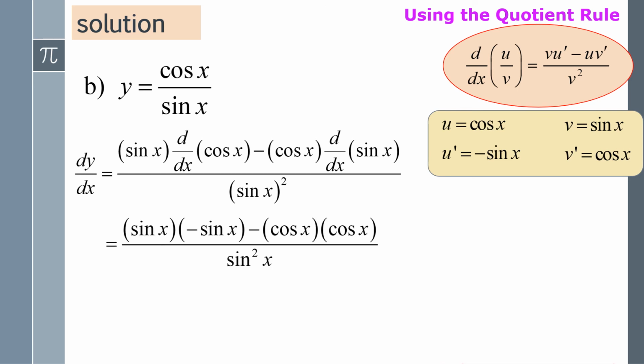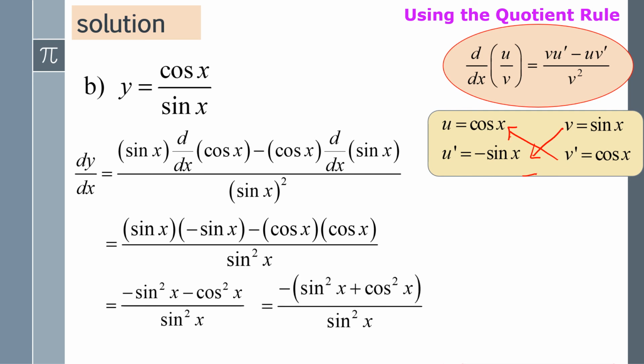Then again we cross multiply here, vu prime minus uv prime, until we get negative sin x times sin x minus cos x times cos x over sin squared x, and then we get negative sin squared x minus cos squared x.